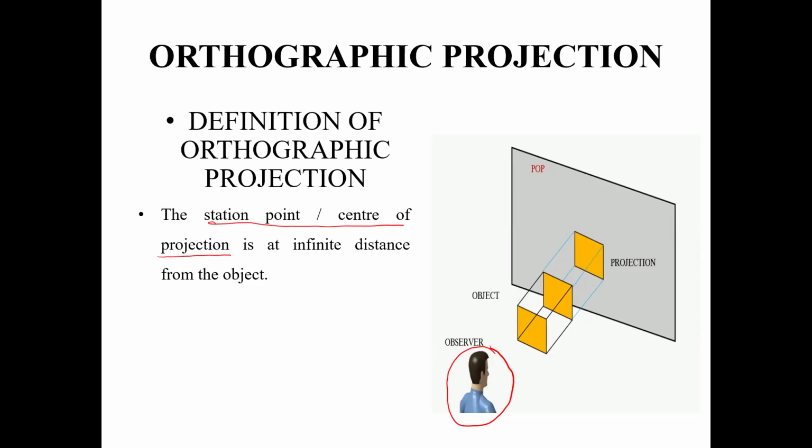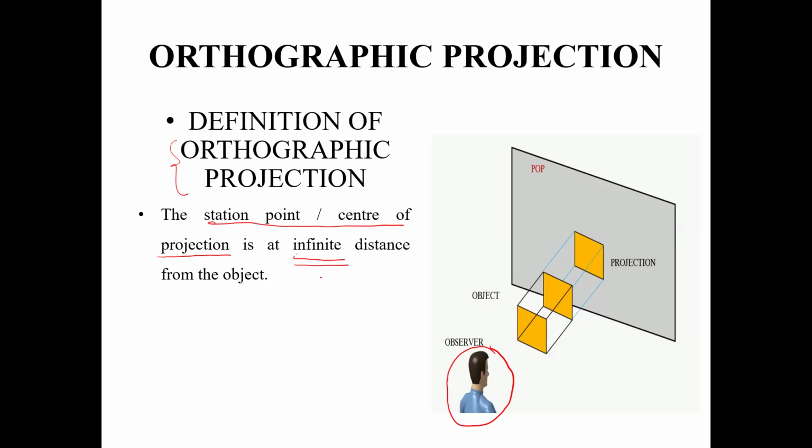In orthographic projection, this station point or the location of the observer is assumed to be at a theoretically infinite distance from the object. Why? Let us try to convince ourselves why the observer needs to be situated at a theoretically infinite distance from the object in case of orthographic projection.